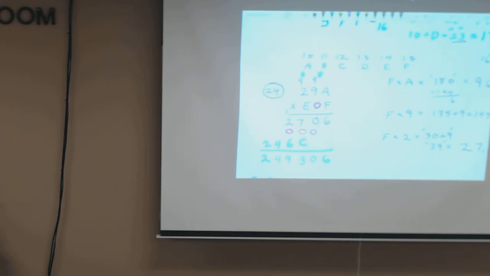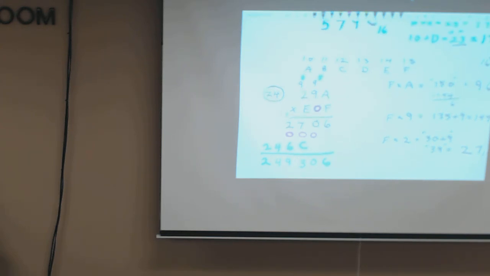29A times EOF. What's F times A? What's F? I wrote them up here again so you could see them. F is 15 times A is 10.